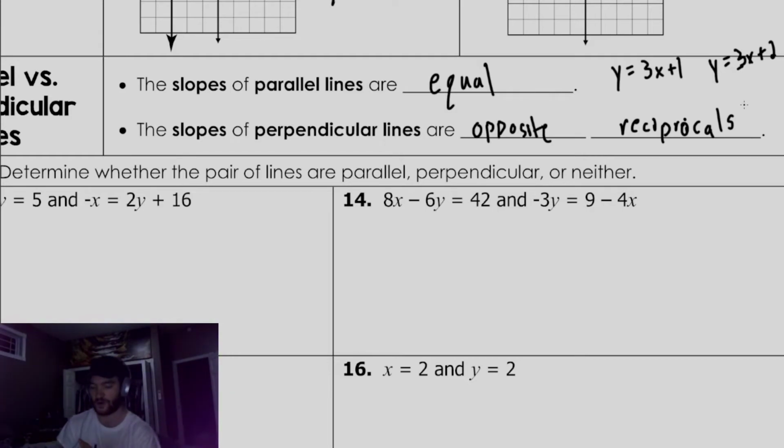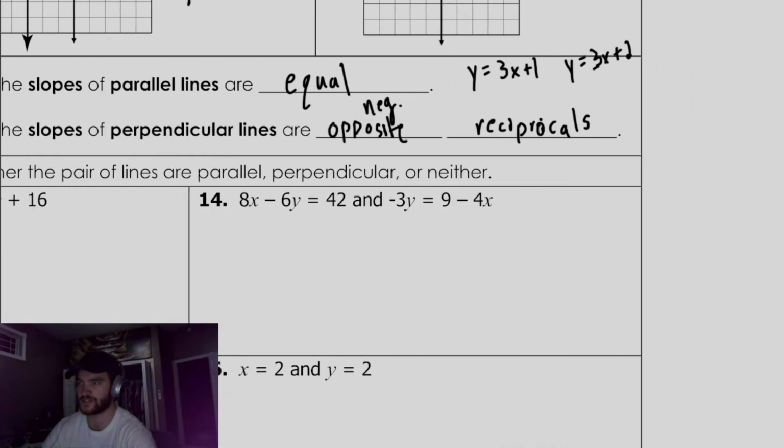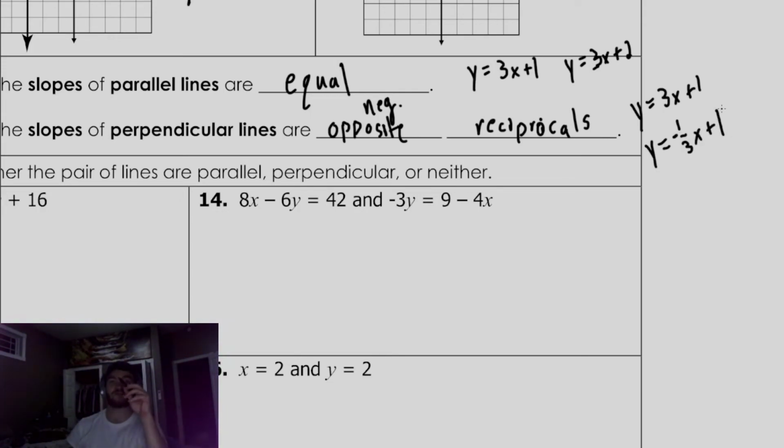Opposite reciprocals, or also considered negative reciprocals. That's fine. I do not care which one you use. Opposite or negative works for me. So an example of an opposite reciprocal: it could be y equals 3x plus 1. The perpendicular will be y equals negative 1 over 3 x plus 1. So it's like an inverse, but both additive and multiplicative inverses.